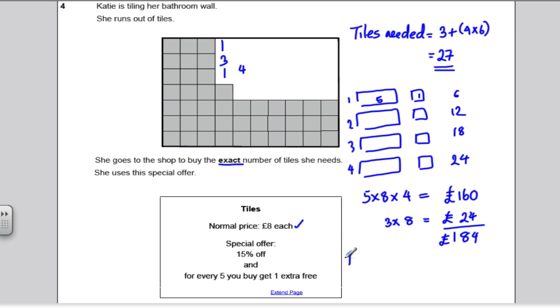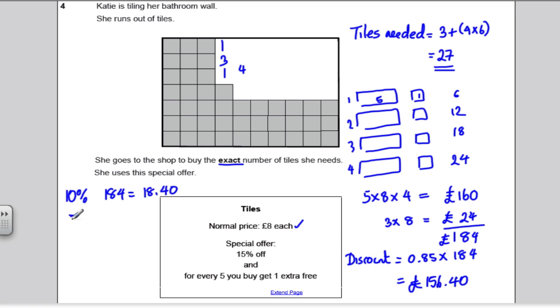If we want to work out our discounted price, there are 2 ways of doing it. I'll do a quick way here and a longer way here. You could multiply by the decimal multiplier 0.85 times 184, which would give you £156.40. A longer way of doing it is to work out 10% of 184, which is £18.40, and then 5% must be half of that again, which would be £9.20.